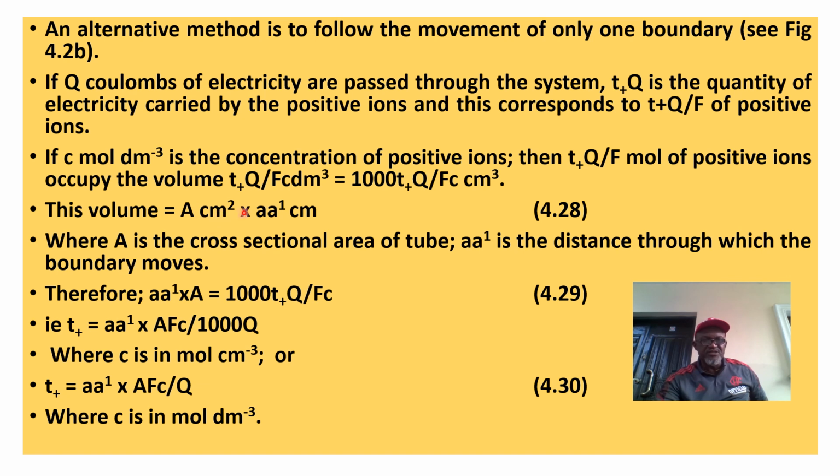And this volume is A multiplied by that distance it has moved, where A is the cross-sectional area and this is the distance through which the boundary moves. Therefore, AA prime multiplied by the area is equal to that. That means we can make T plus the subject and we can calculate the T plus.